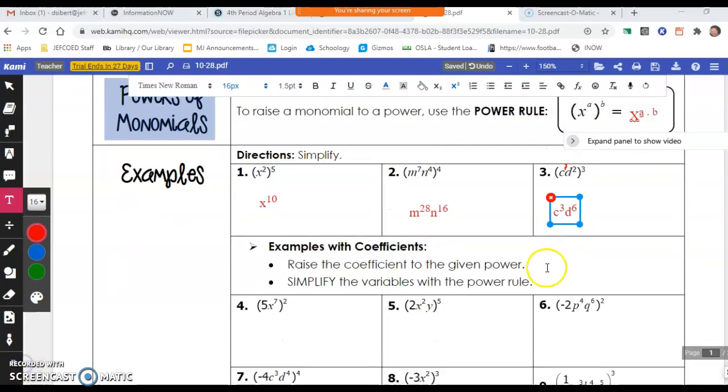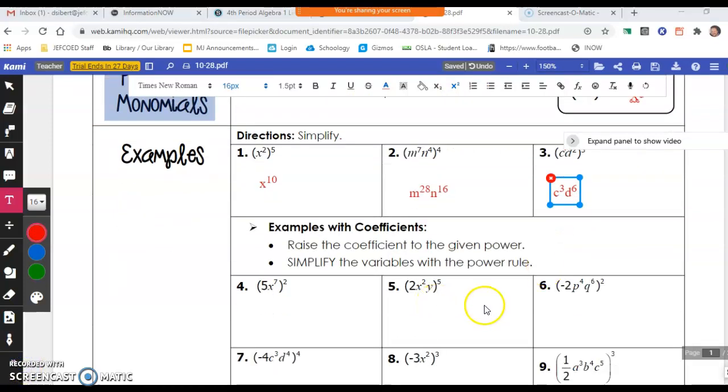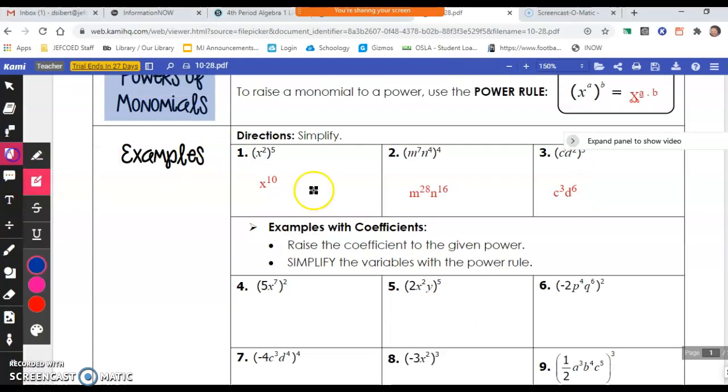Okay. Now, after looking at those with just the variables, we're going to look at some where we have coefficients added in. You guys remember, that's the number we're multiplying by, or what we sometimes call our base number. Okay? Now, like it says, the first step, you simply raise the coefficient to that given power. Okay?